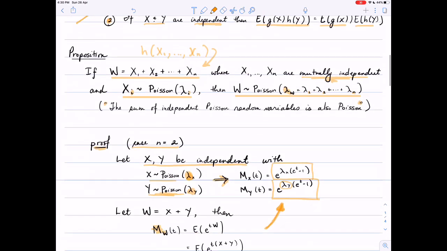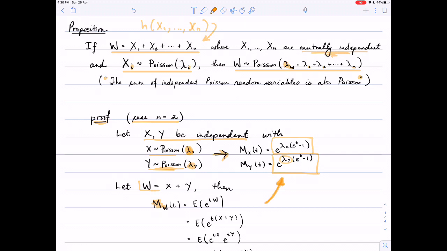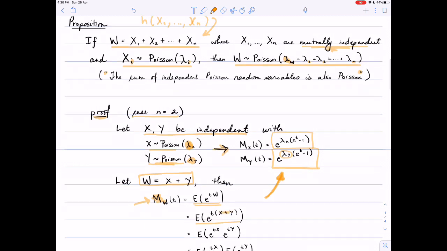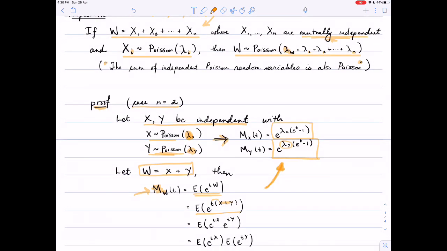So if we let w be the sum of the two variables, x plus y, and we go to calculate the moment generating function of w, by definition that is the expected value of e to the tw, which is the expected value of e to the t times (x plus y). Right? This is a sum, so distribute that in and use the law of exponents: the expected value of e to the tx times e to the ty.